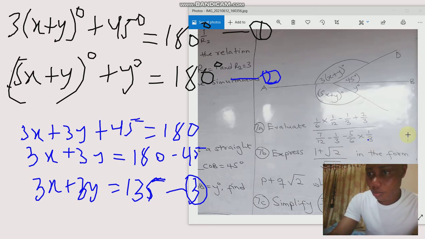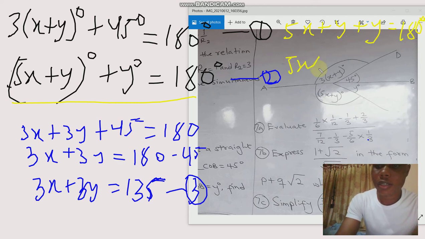Then I'm going to simplify this one too. So I'm having 5x plus y plus y equals 180 degrees. Working without degrees, I have 5x plus 2y equals 180. This will be my equation 4.